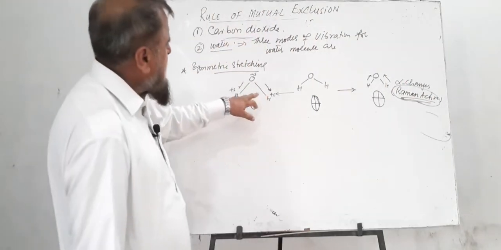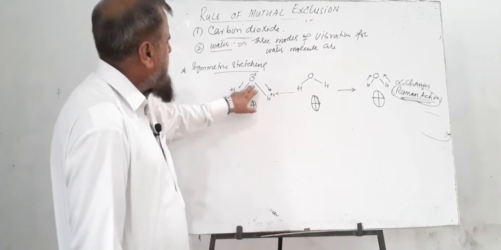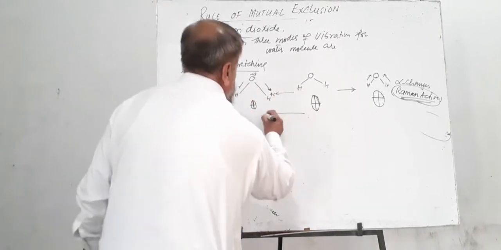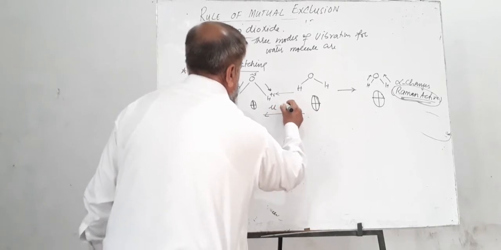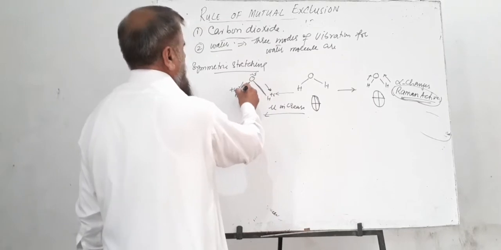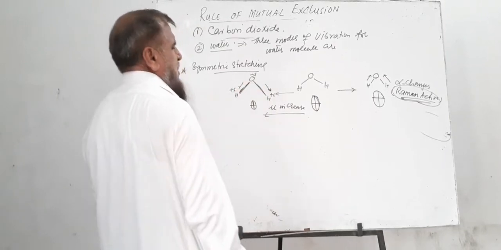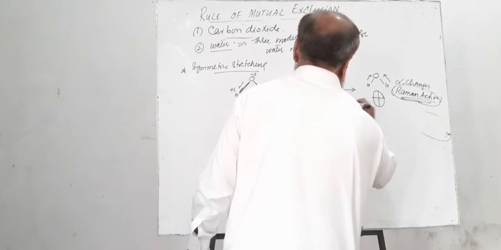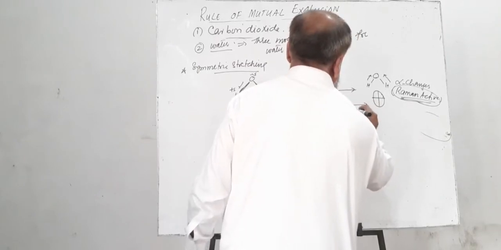Now, in this vibration, as the bond length increases, the dipole moment will increase in this direction, because the distance d between the two nuclei, two polar charged atoms, increases, and on this side the dipole moment will decrease.